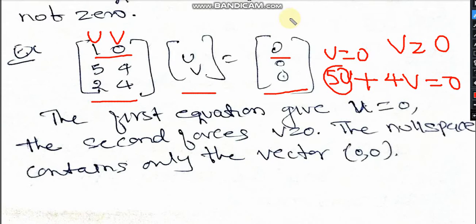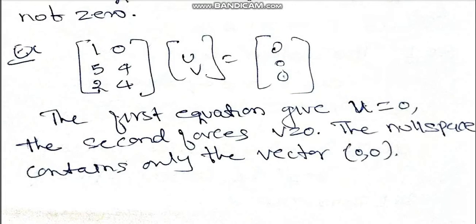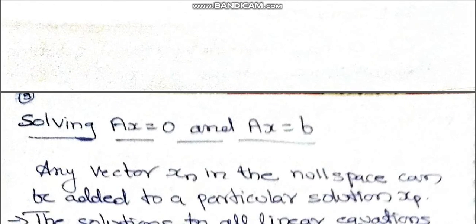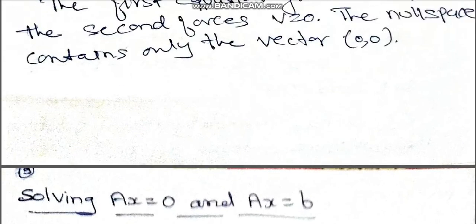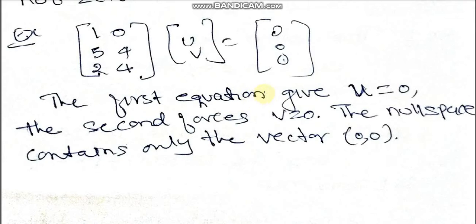And from the next, 2 and 4, it is obvious that that also will be equal to 0. So when you solve that, you'll get the 0 vector. So the first equation gives you 0 and the second equation gives you 0, and the null space contains only the vector 0, 0.